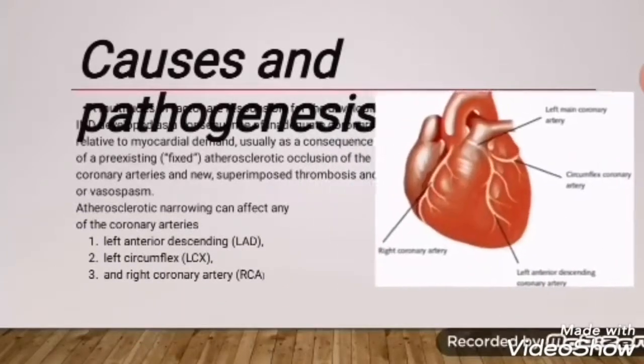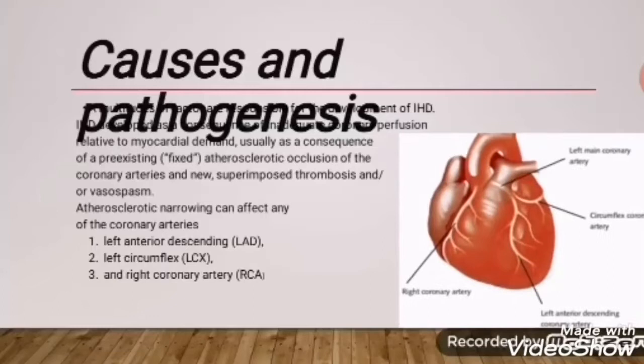A multitude of factors are responsible for the development of ischemic heart disease. It develops as a consequence of inadequate coronary perfusion relative to myocardial demand, usually as a consequence of pre-existing atherosclerotic occlusion of the coronary arteries and new superimposed thrombosis and vasospasm.